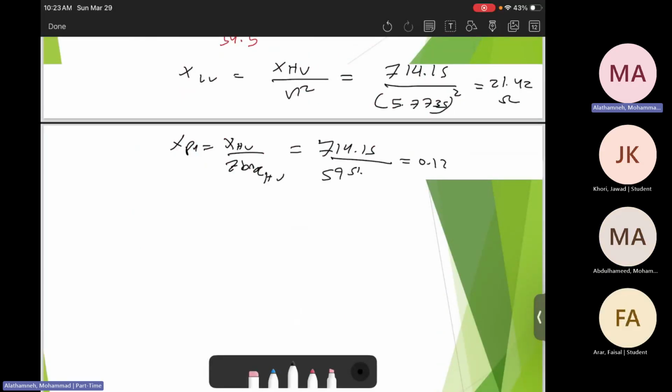Then the answer will be 0.12 per unit. Okay, that's it.